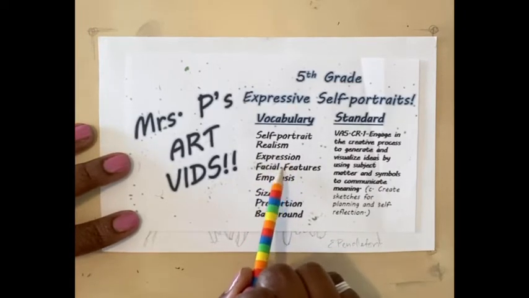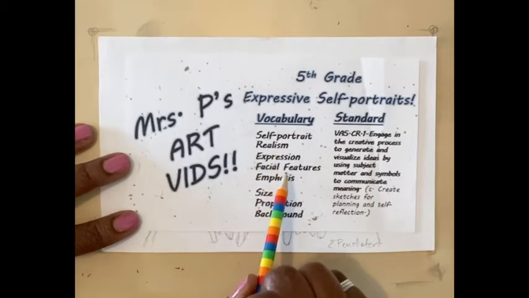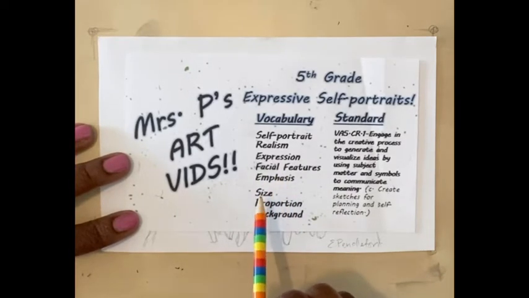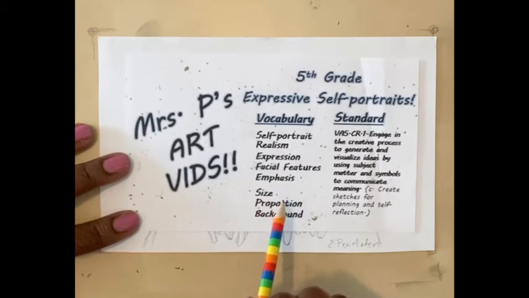We're also trying to think about expression, how these parts of our faces change when we feel different feelings. That's the expression, what our faces do when we feel excitement or anger or frustration or joy or sadness or wonder or surprise. Our eyes and our eyebrows are especially expressive when we're displaying different emotions.